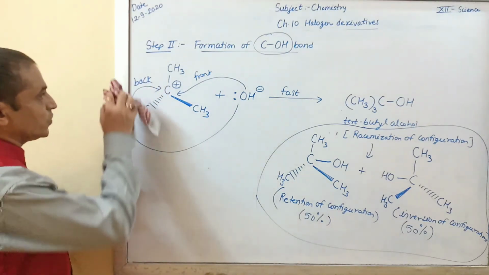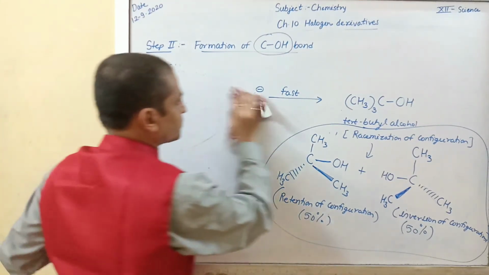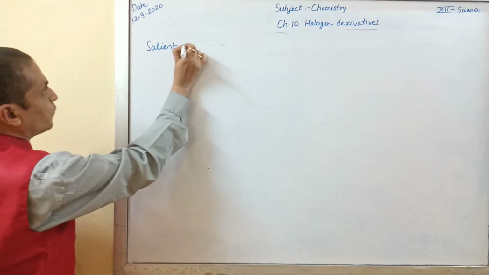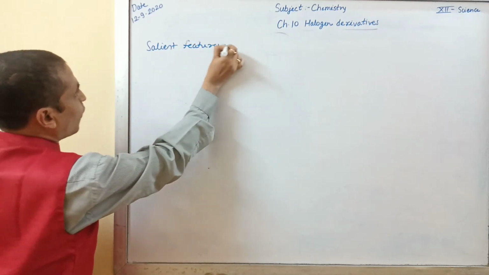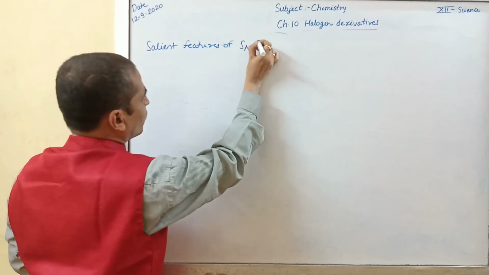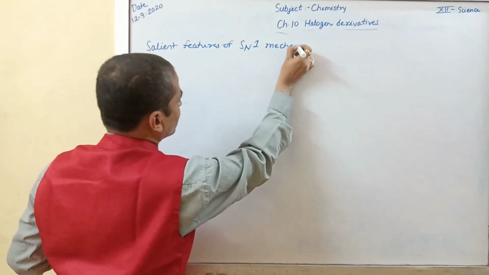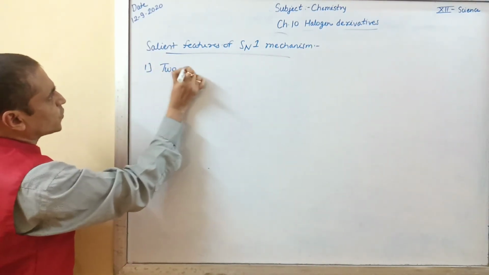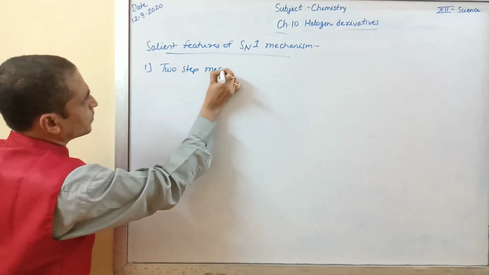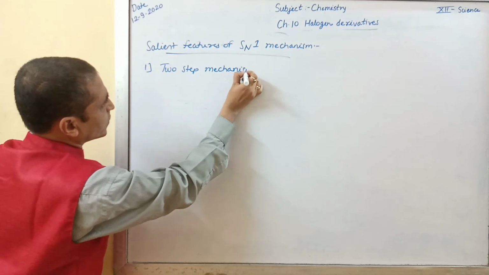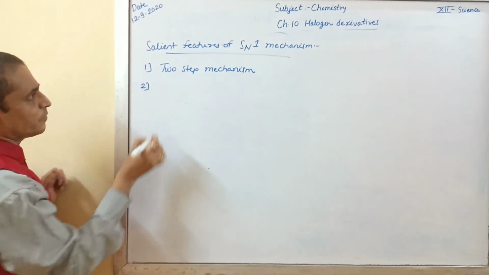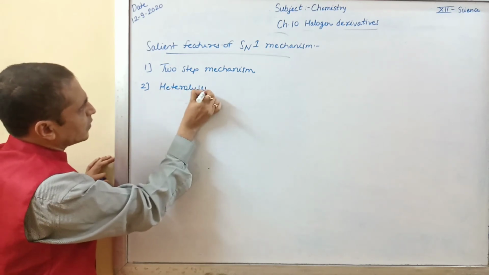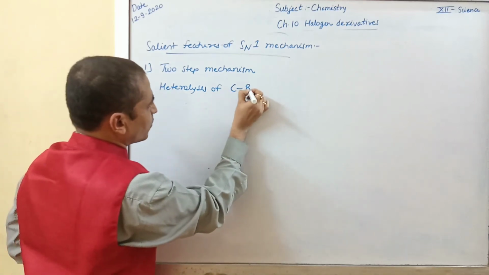Now come to the salient features of the SN1 mechanism. First, it is a two-step mechanism, that I already explained. Second, the first step is hydrolysis of the C-Br bond.